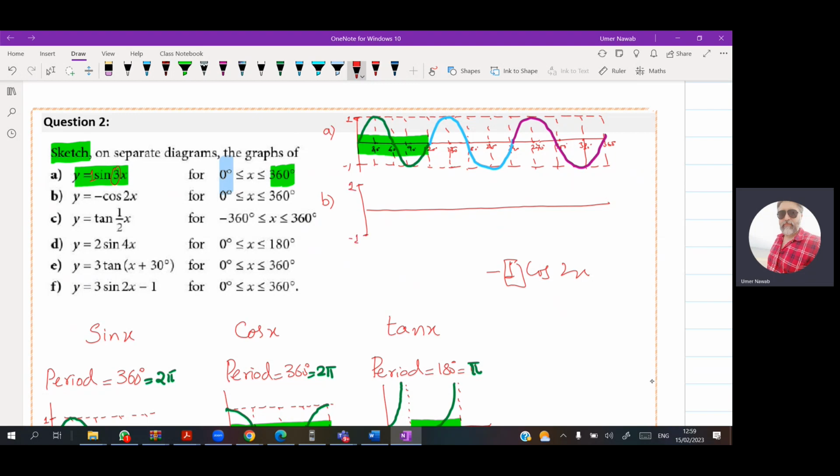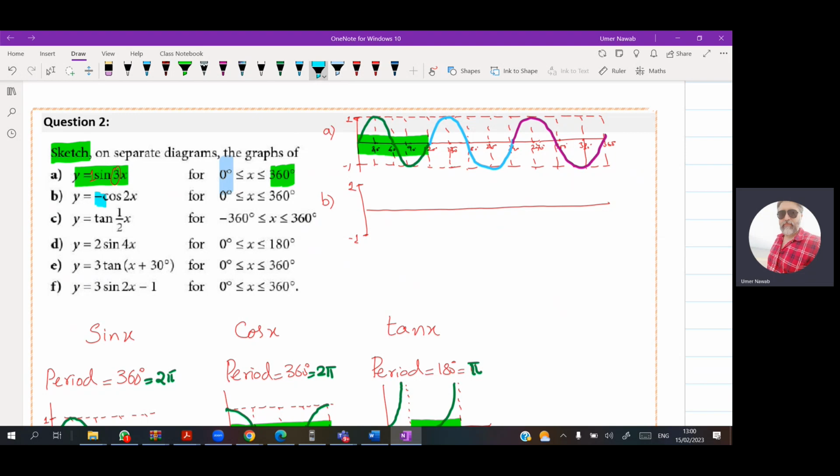He's multiplying with minus 1. If you go back and try to recall functions, if I multiply the output with a minus sign, it tells you that your graph will be reflected about the x-axis, right? So rather than starting the graph of cosine of x from up, I will start from below because he is multiplying with a negative sign.